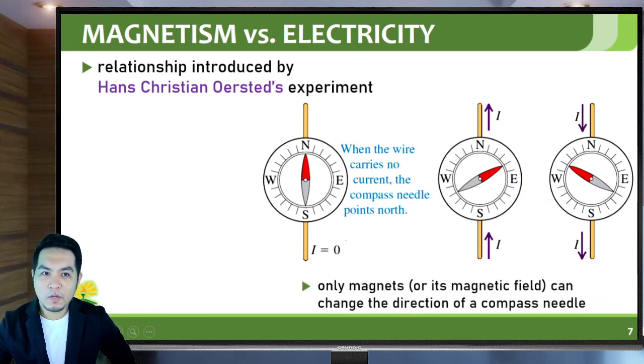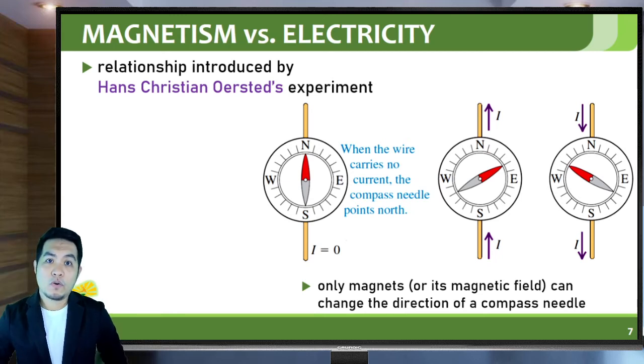Now, if you will notice from the property of magnets, only magnets exert force on other magnets. The reason why we experience magnetism is because there are magnets inside of us.